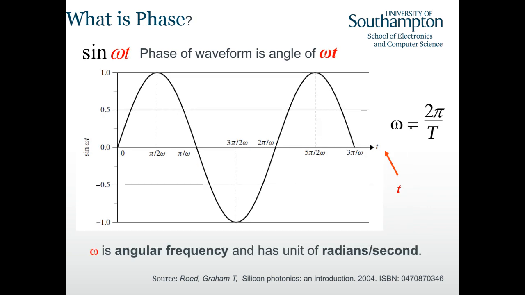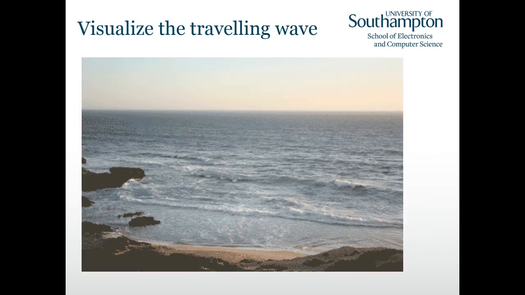If you think about a water wave, the wave would propagate over distance, so it would come towards shore. And if you look at one point, one location, then the wave would vary over time as well. So basically, a wave would propagate over distance, and a wave would vary over time, 2 directions, time and distance.